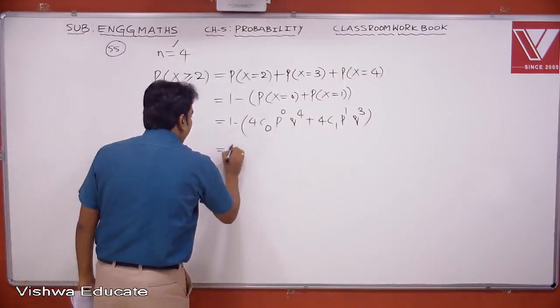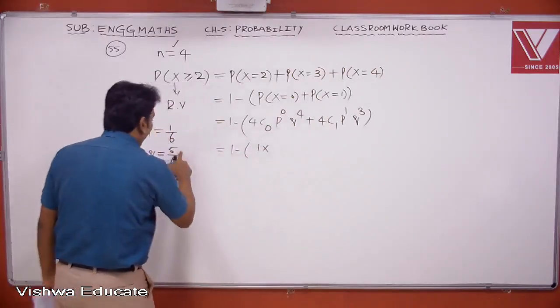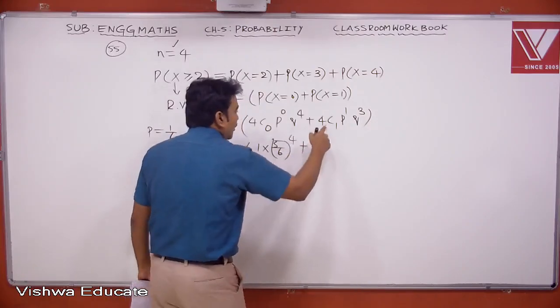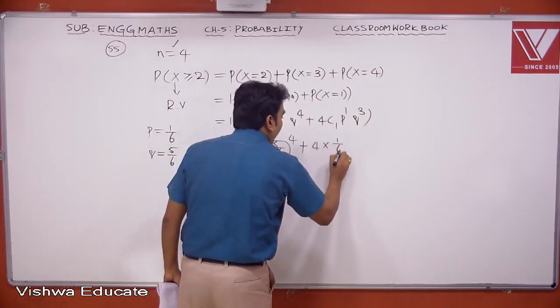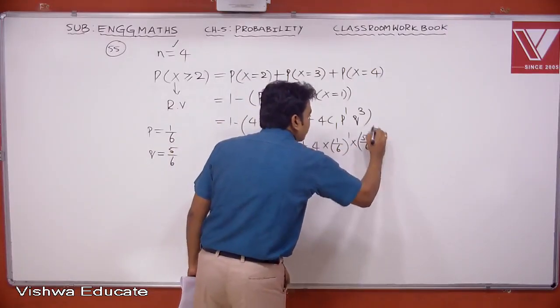Now let us evaluate this. This is 1 minus of 4C0, which is 1, into q which is 5 by 6, so 5 by 6 whole power 4, plus 4C1 which is 4, into p value 1 by 6 power 1, into 5 by 6 whole cube.